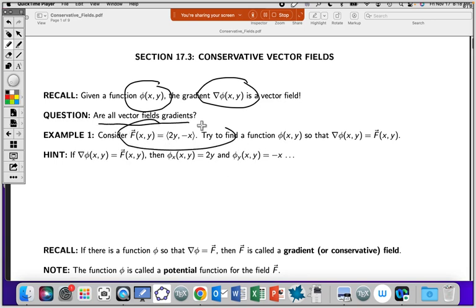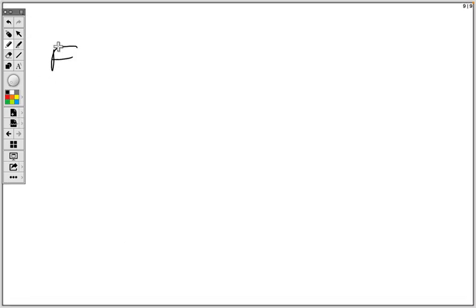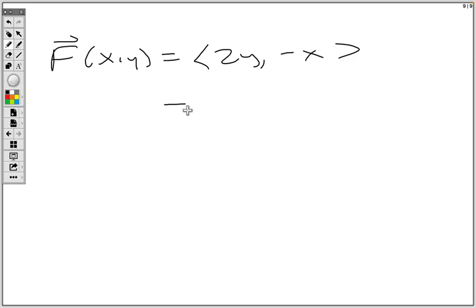So let's take a look at this field here, F of x, y. The field 2y comma minus x. This is one of these rotation fields. And the question is, is this a gradient field?